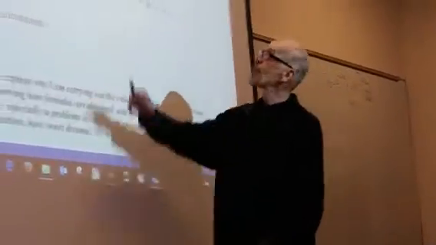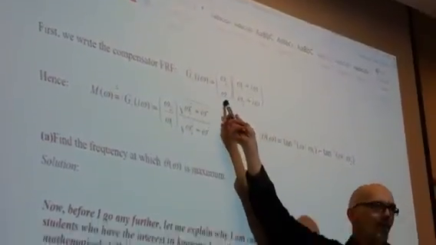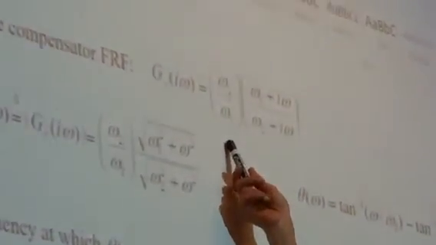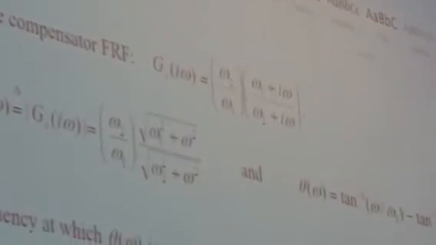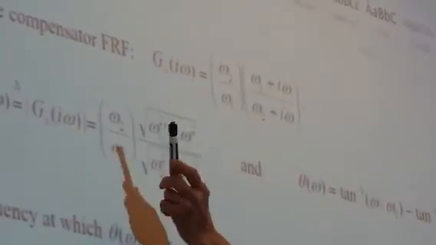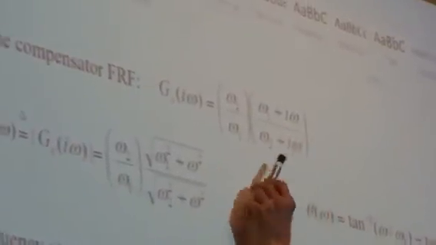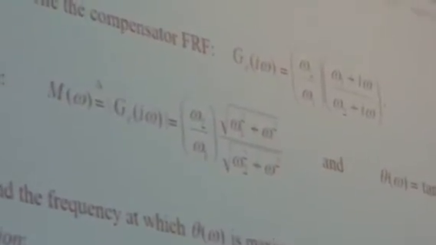It's omega 2 over omega 1 times omega 1 over omega 2, which is 1. That's why this is out here, to give this thing unity static gain. Okay. All right, so the magnitude, we know how to get the magnitude. We keep that, but the magnitude of a complex number is the square root of the real part squared plus the imaginary part squared. There's our magnitude.